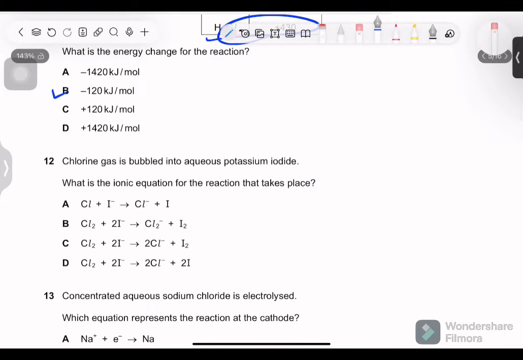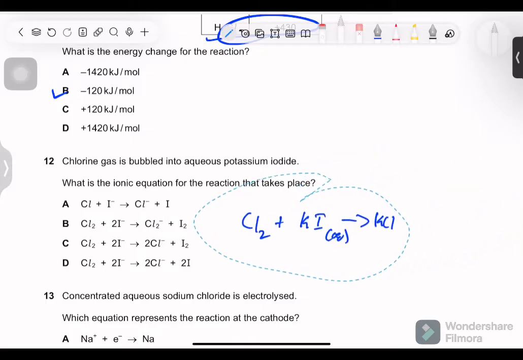Chlorine gas is bubbled into aqueous potassium iodide. What is the ionic equation for the reaction that takes place? So chlorine plus aqueous potassium iodide, and on that side we'll have potassium chloride, because chlorine is more reactive than iodine as it is above in the group, so it will displace the iodine and we'll be left with iodine on this side.